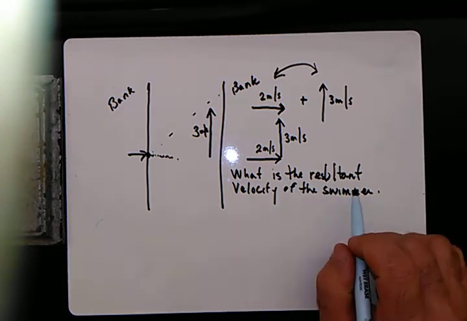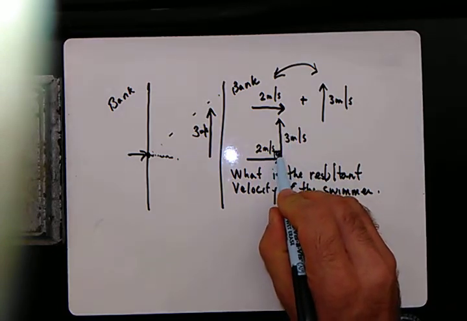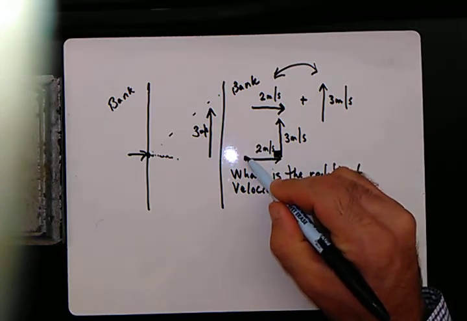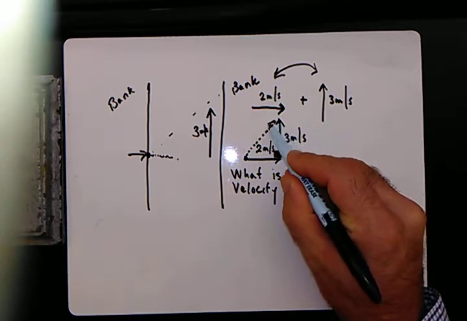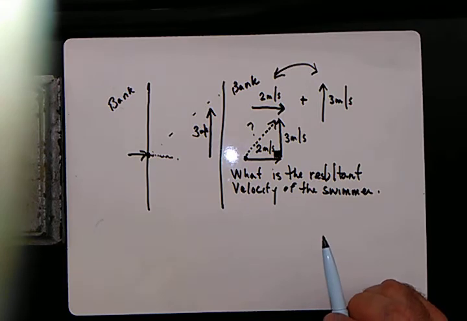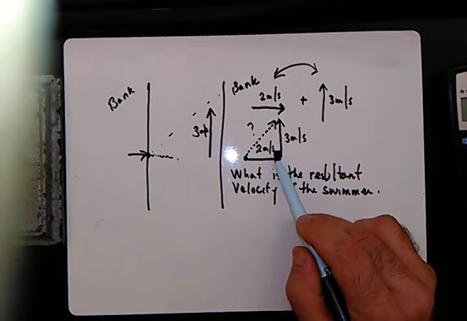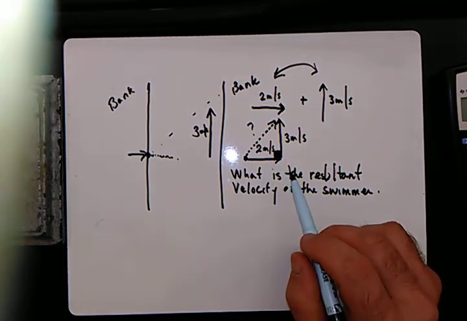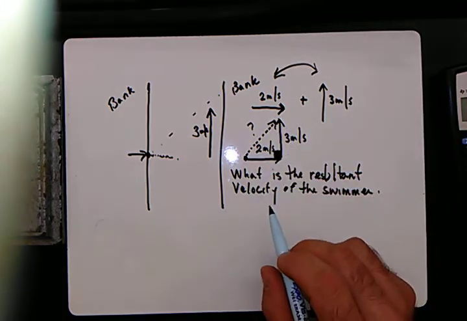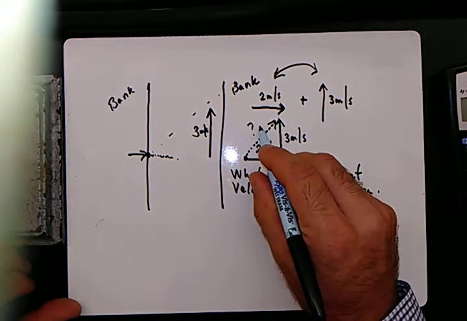Okay, so to add these up, we've got to realize that we have a 90-degree angle here, and that we can actually find the velocity right here. Okay, so that's a very good possibility with our knowledge of a right triangle. So to find the magnitude is pretty simple. We can even call this x if you want.